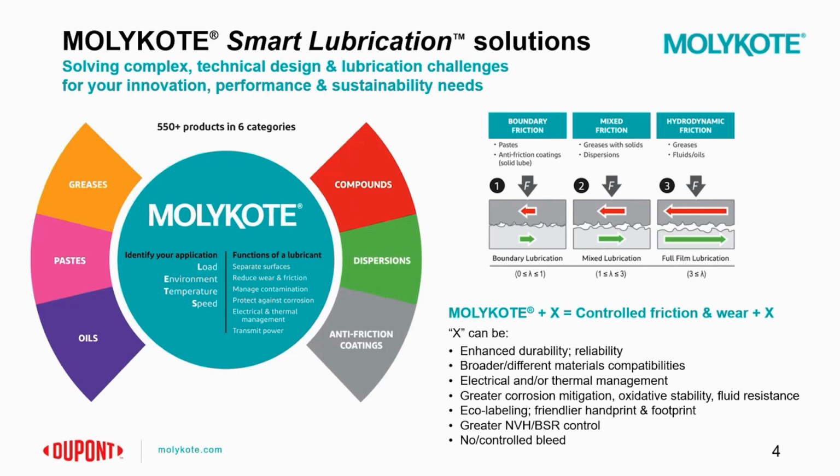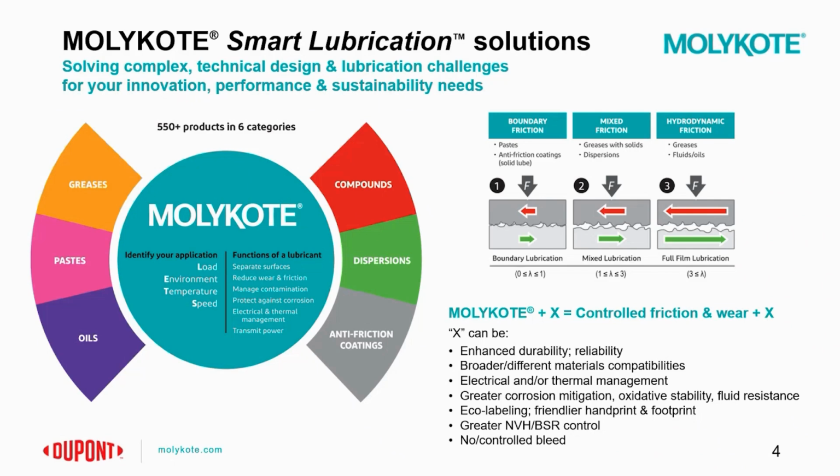Additionally, when we consider lubricant selection, it's important to consider the friction dynamics. To understand friction dynamics, we study tribology, which is the study of friction and wear between moving interfaces. This concept can be broken down into three separate friction regimes, including boundary friction, mixed friction, and hydrodynamic friction. Boundary friction would include slow-moving, high-load applications.